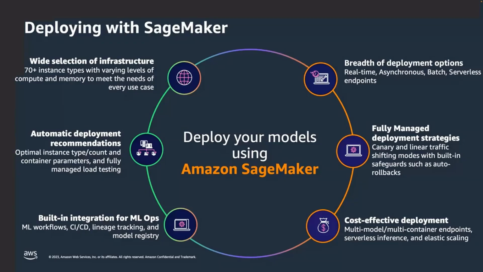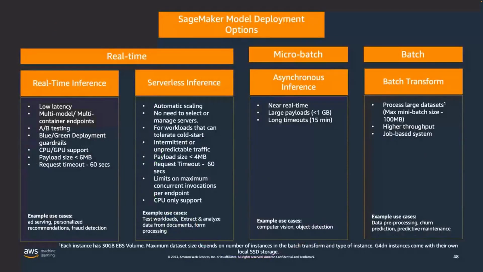Let's take a look at the SageMaker deployment options that I mentioned before. There are two types of real-time deployment options. There is, of course, real-time inference, which is appropriate when you need millisecond results, and so your results in under 60 seconds.